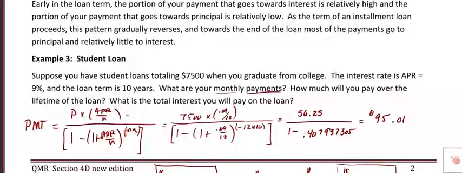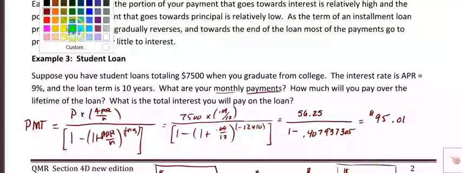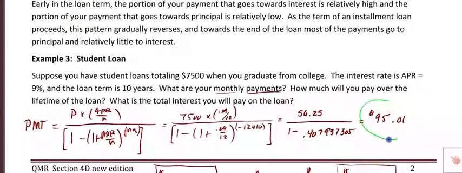So the question is, how could I figure out what I will pay over the lifetime of this loan? Well, we have all the information we need here. We've got our monthly payment, $95.01, and that's going to be paid every month for 10 years.